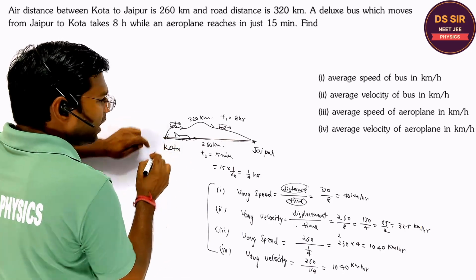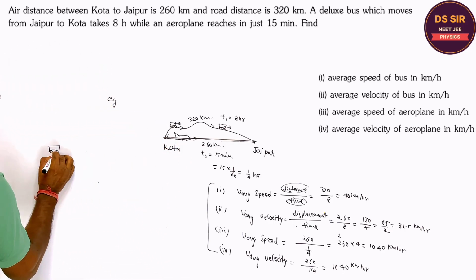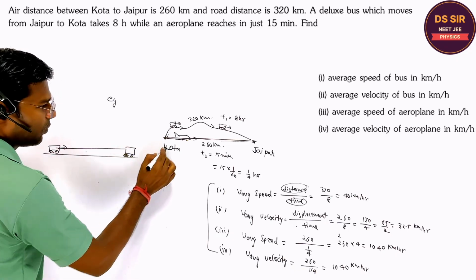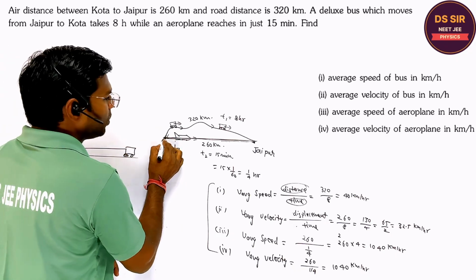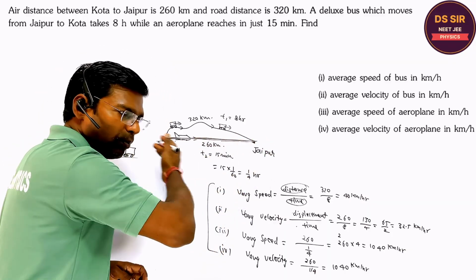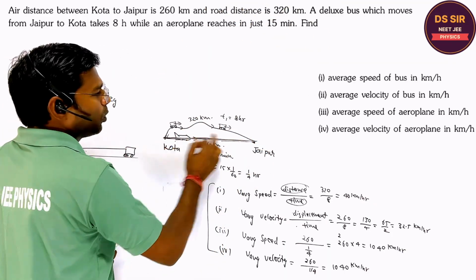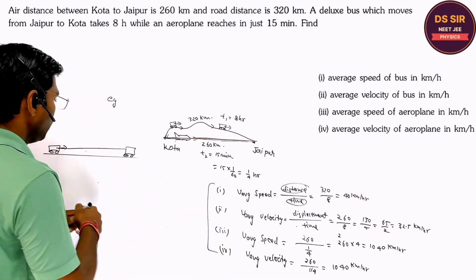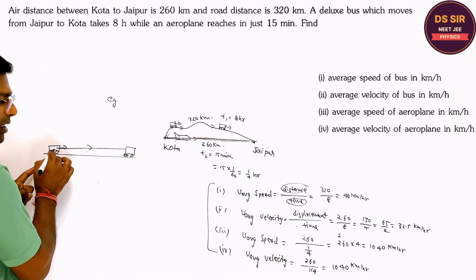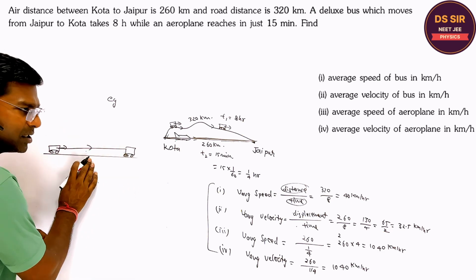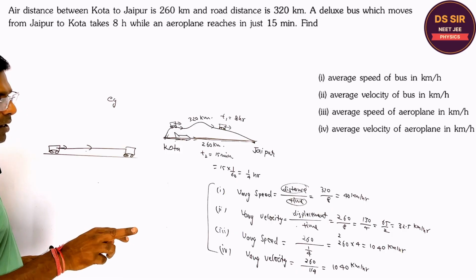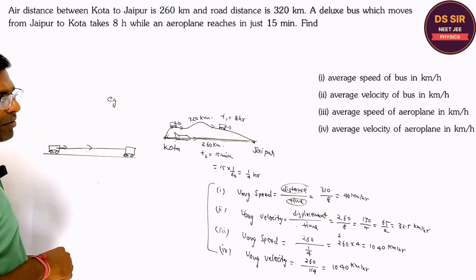Listen, if this is the car or aeroplane, if it is moving in a straight line, for example, the aeroplane will also move. You have to assume that the aeroplane is moving in a straight line because point to point distance is given, right? So whenever any particle is moving in a straight line, its distance and the displacement both are the same, if direction is not reversed.